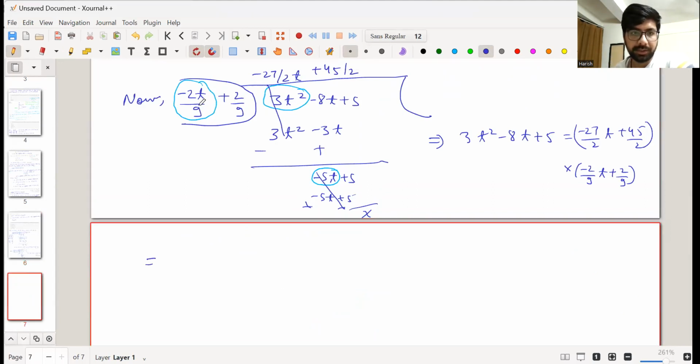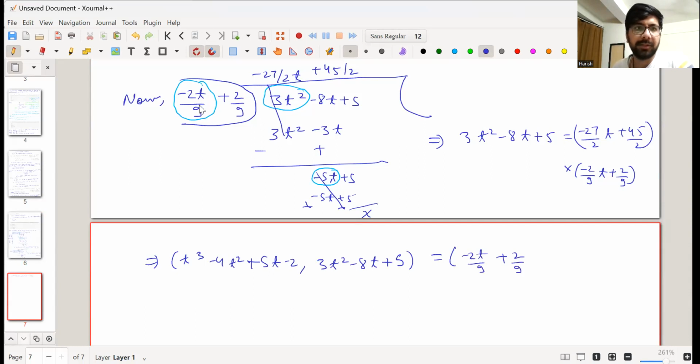So this implies the GCD of t cube minus 4t square plus 5t minus 2 and 3t square minus 8t plus 5 is nothing but minus 2t by 9 plus 2 by 9, but this is up to units, right? So units you can take.